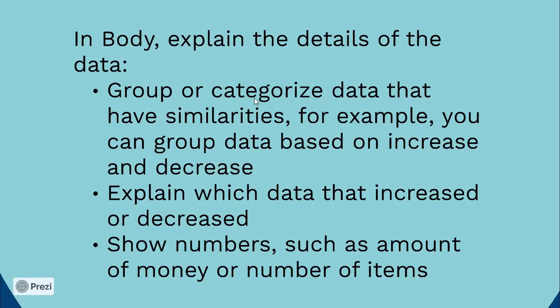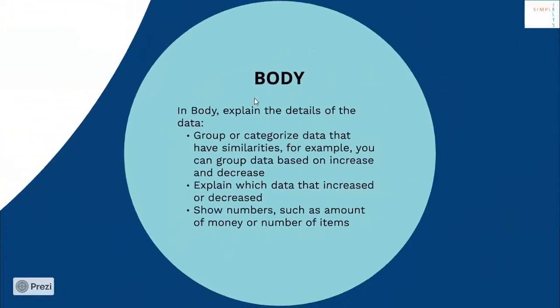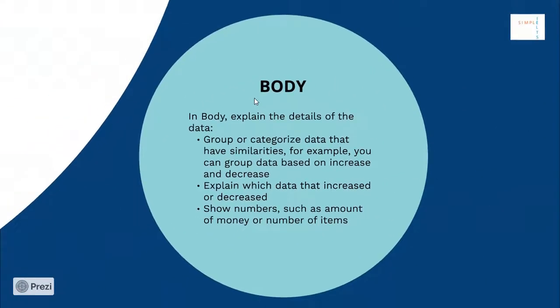By show numbers, I mean how significant is the increase. For example, we can write 10 million US dollars in increase, or the trend is fluctuative, or the data increased steadily, a little bit like that. Okay, let's talk about that in detail in the next slide.